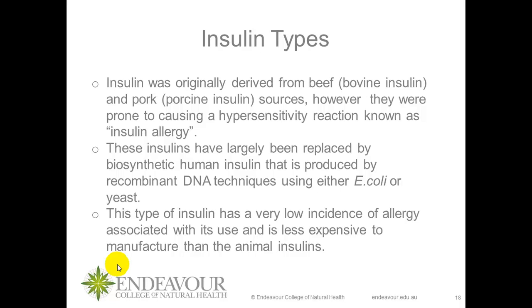If people have a hypersensitivity, it's because they have a known hypersensitivity to yeast or some of the other nutrients that might have been used in the medium for the growth of the E. coli. But it has removed that insulin allergy. For some people, though, they may need to still access the animal sources. They are still available.